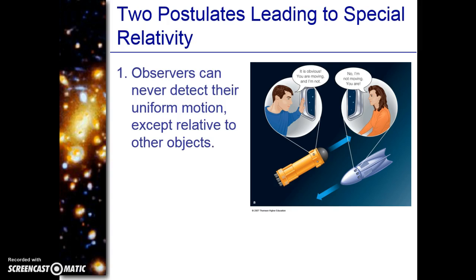Okay, so think about if you were on a spaceship, just as these two folks here are in space, and one spaceship starts to move towards you. You're kind of moving past each other, and this guy here says it's obvious you're moving, I'm staying still. And then this lady says, no, I'm not moving, you're moving, I'm staying still.